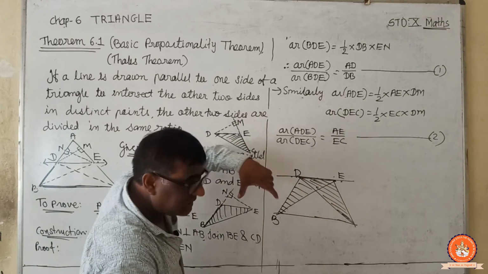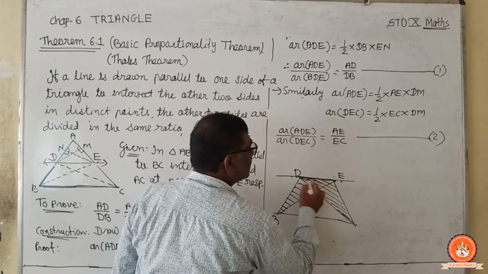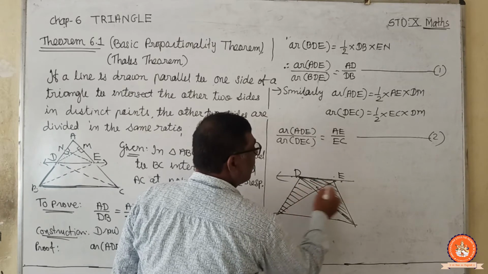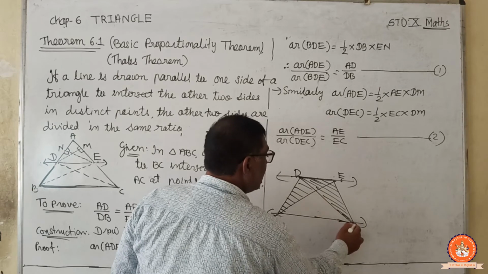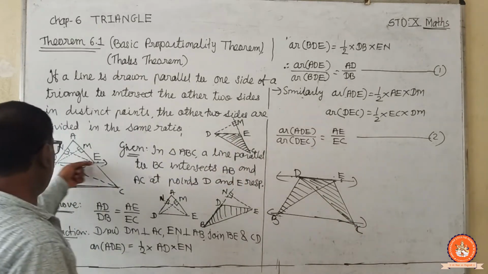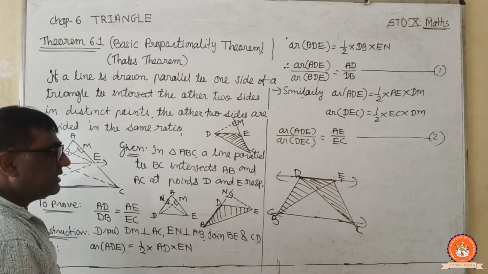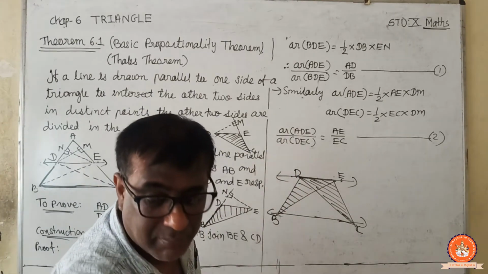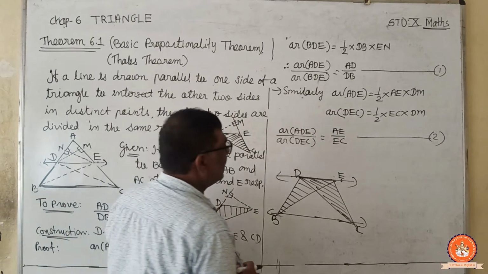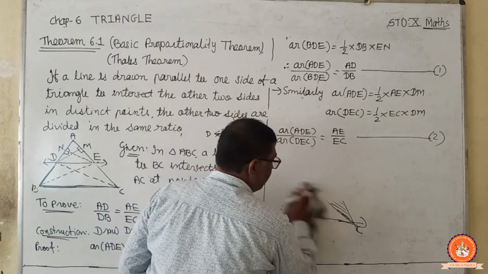Both are inverted, but both the triangles are on the same base DE and both lie between the same parallels. DE is parallel to BC, because that has been given here. So both these triangles are lying on the same base and between the same parallels, and that's why their areas are the same.